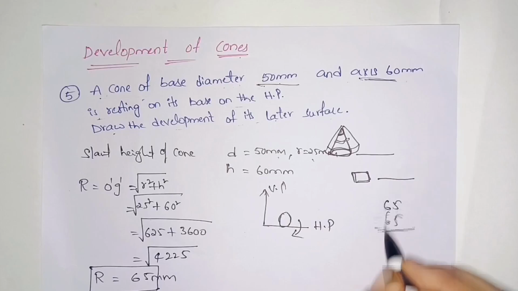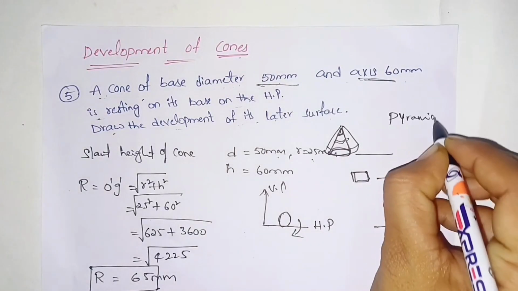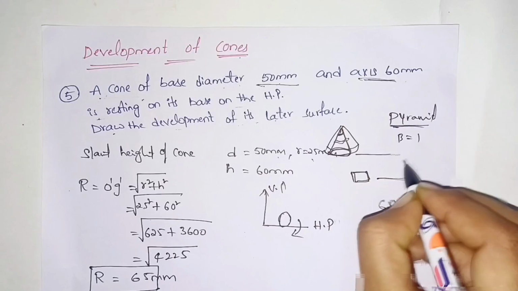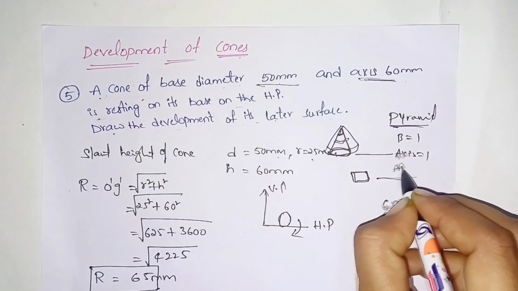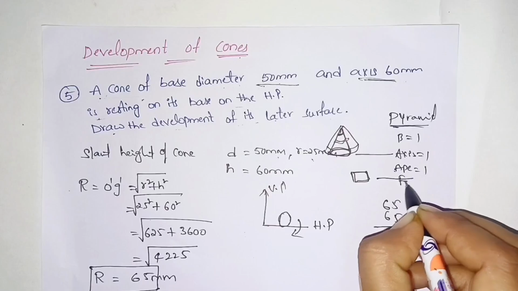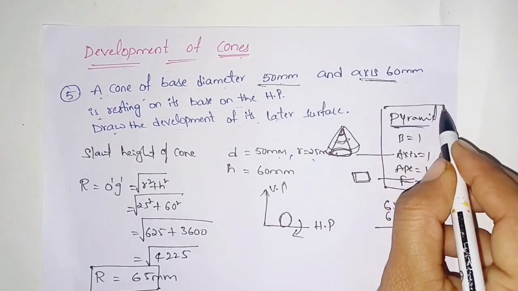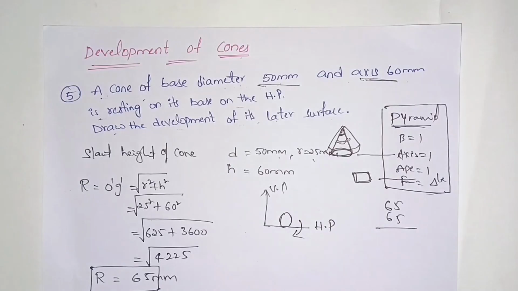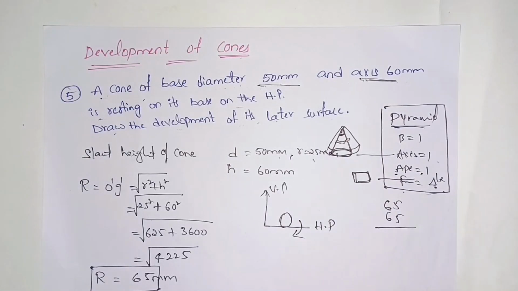In the cone or pyramid, the rules are: base is 1, axis is 1, apex is 1, and the face is a rectangular face. These are the standard forms of a pyramid.